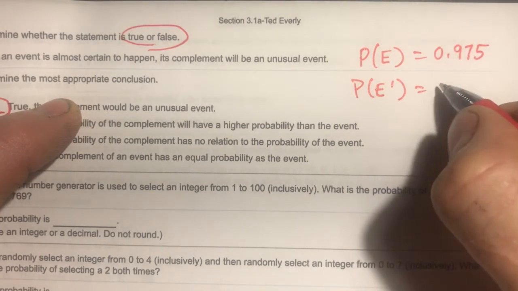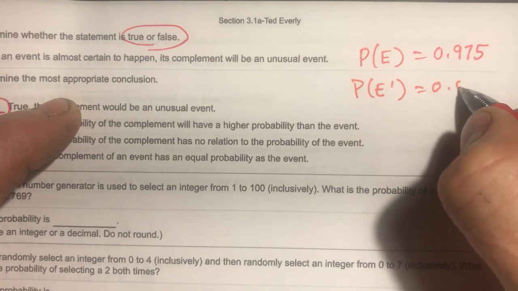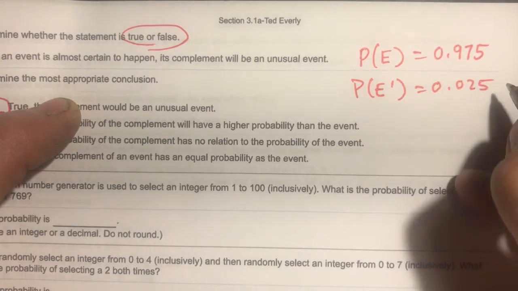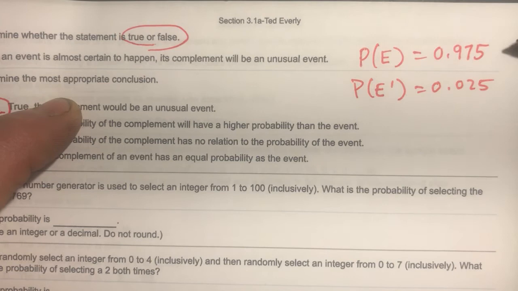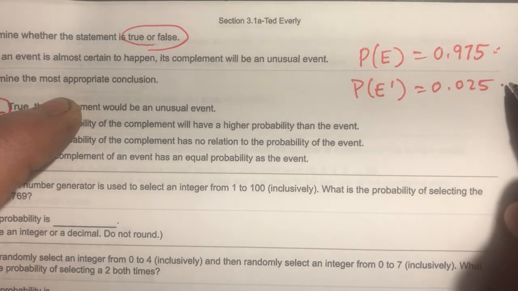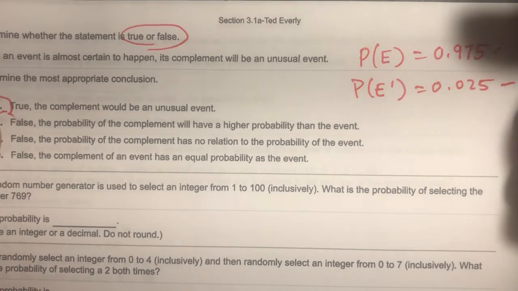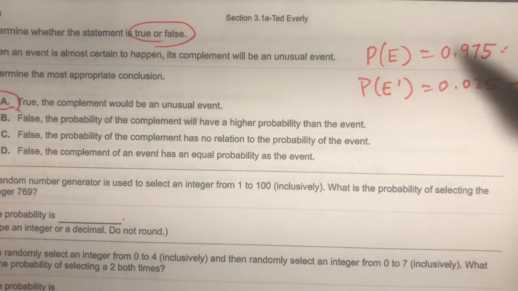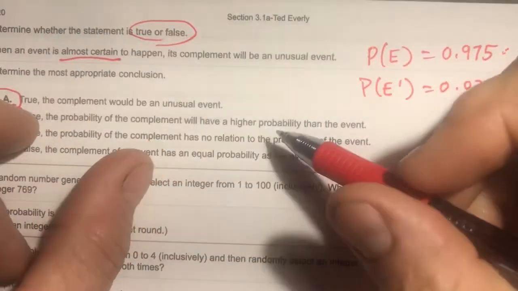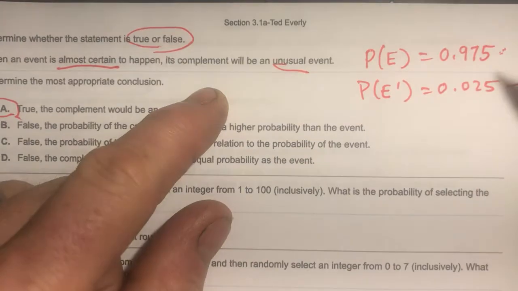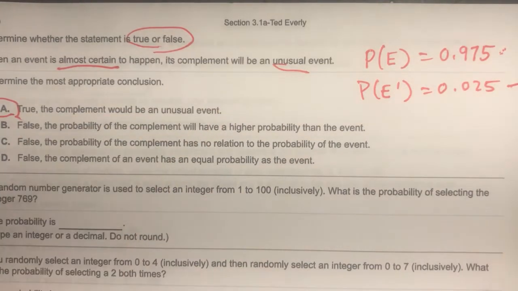And if I do 1 minus that, I get 0.025. So if this is almost certain to happen, this is going to be unusual. This is like 2.5%. This is not going to happen very much. So this is true. If you have one event that's almost certain to happen, then that means the complement is going to be unusual. It's not going to happen very often.